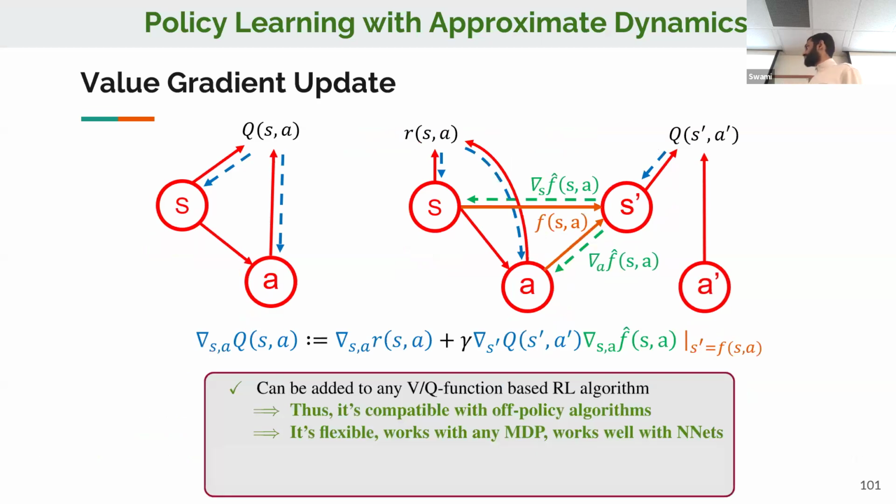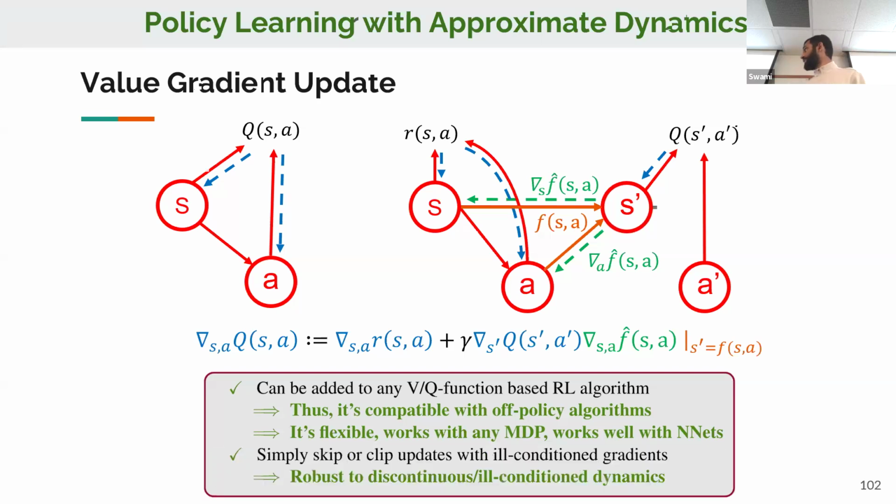And the nice thing here with an update like this is that you can plug this into any arbitrary off-policy or on-policy reinforcement learning algorithm. It's also fairly flexible to stochastic problems, and can be used with neural net policies to learn arbitrary controllers.